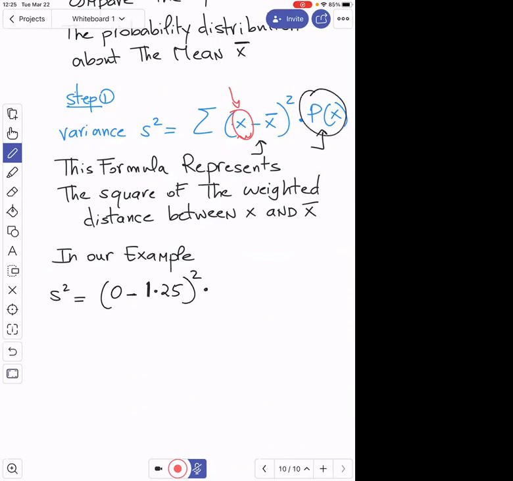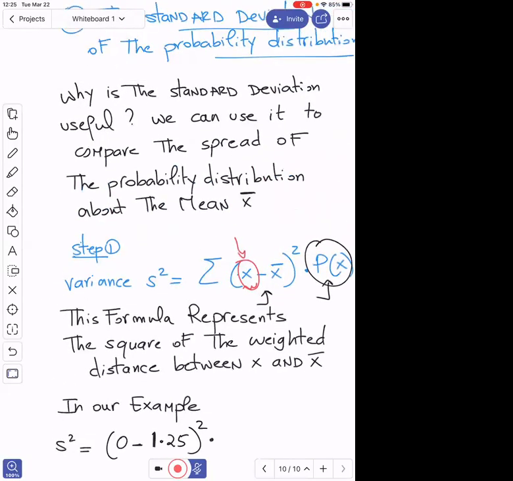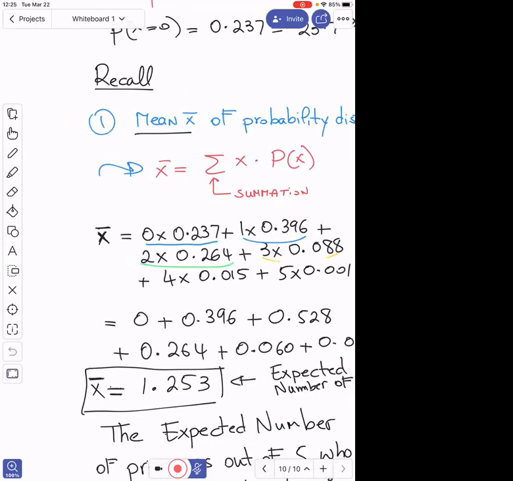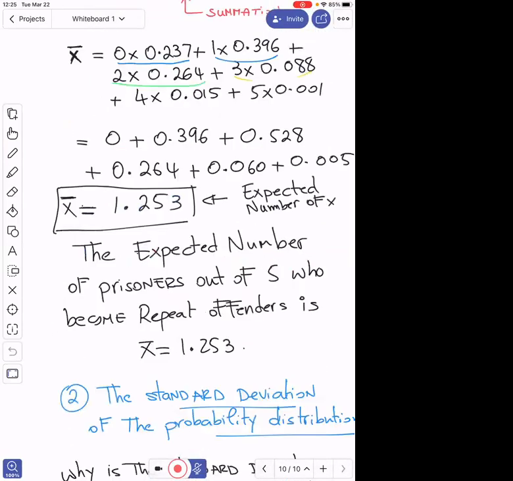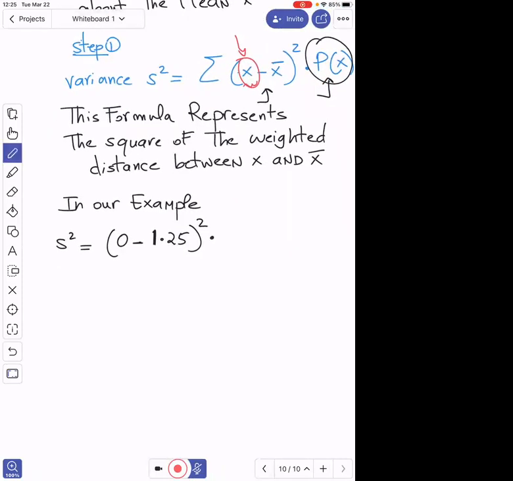The probability that X is 0 is 0.237. So this is multiplied by 0.237, which is just the probability that X is 0.